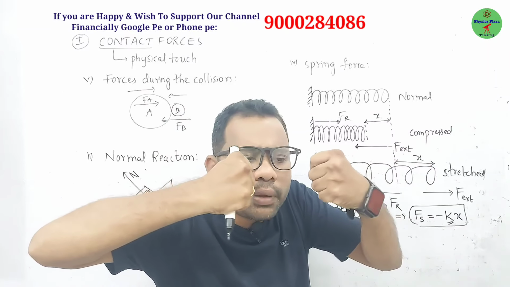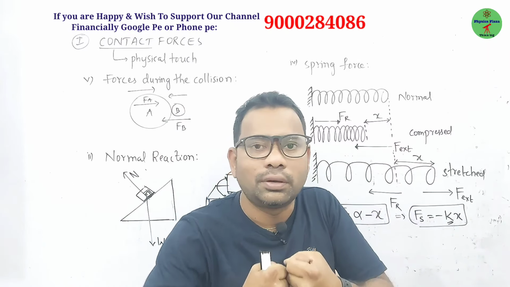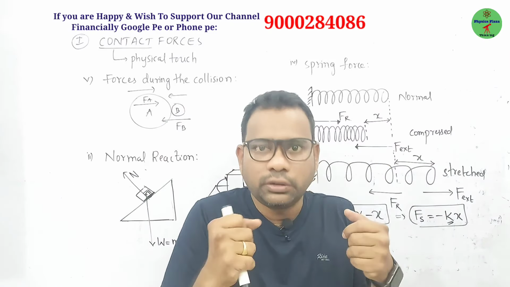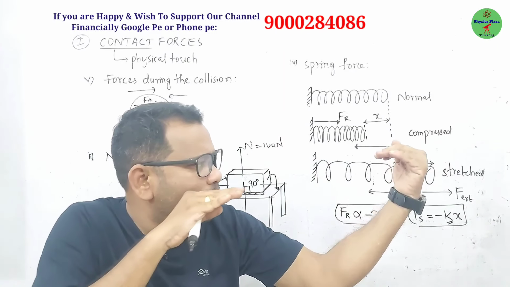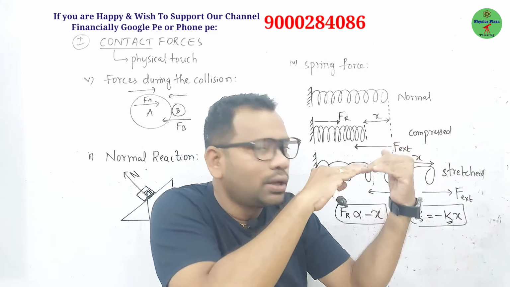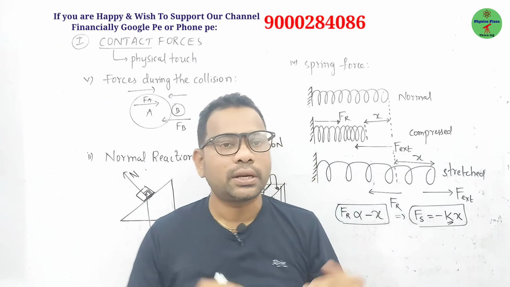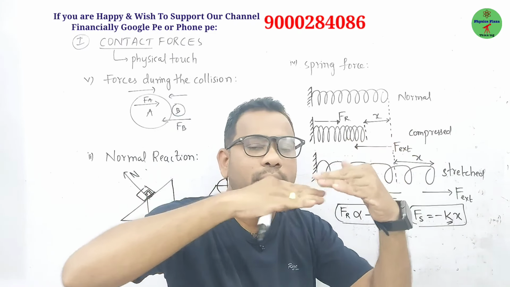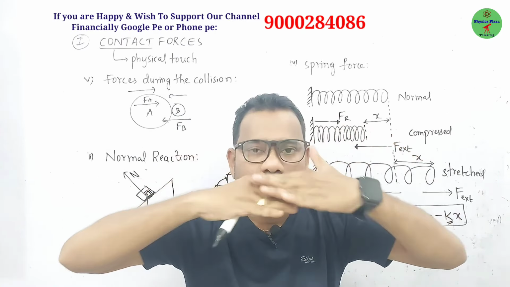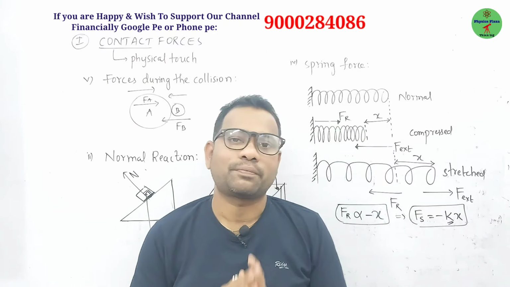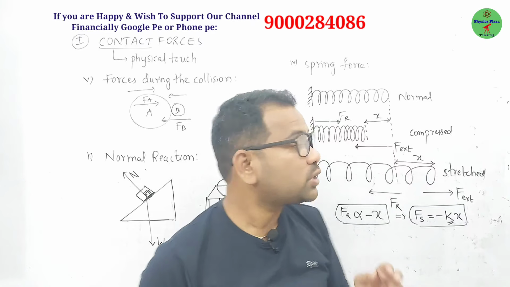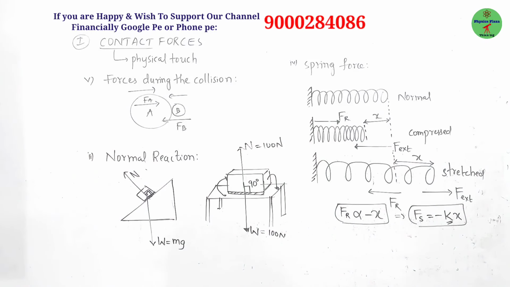On the road, if a car is coming and a scooter is coming, there won't be that much cinematic effect. Just coming, just hitting. During collisions, a huge force acts in a short interval of time. So these are the types of contact forces.